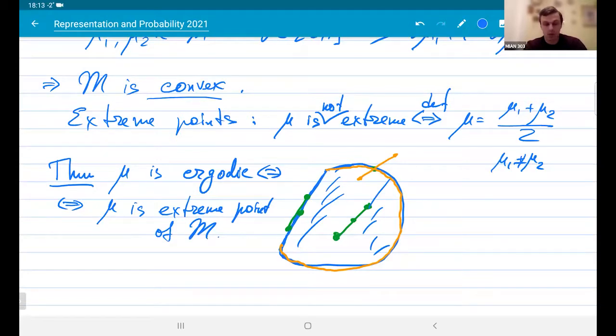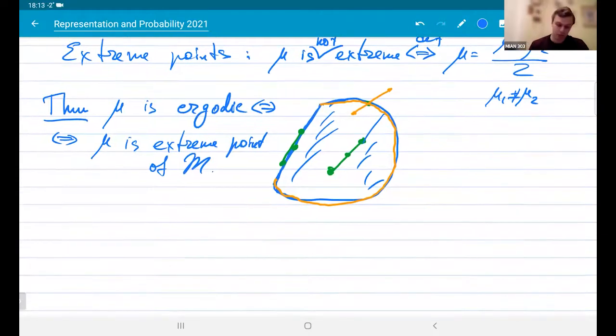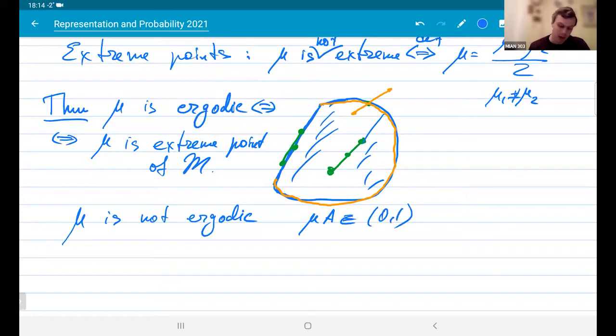In fact, one half of this is quite simple. If you have a non-ergodic measure, so say mu is not ergodic, then you have mu of A belongs to (0, 1), and then you can consider conditional measures.